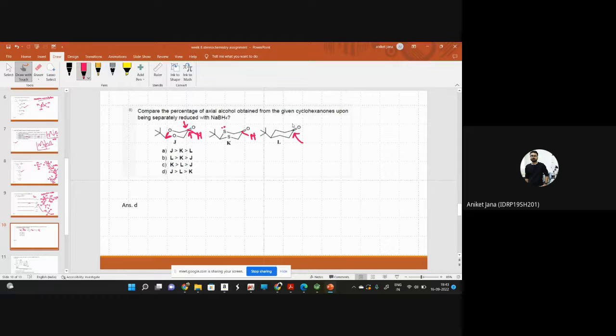Definitely, after forming the product there will be some 1,3 diaxial interaction from OH, but in the transition state there is no such steric interaction, as the hydride approaches from the equatorial position. So in the transition state there is no steric interaction, while in the product there will be some 1,3 diaxial interaction.